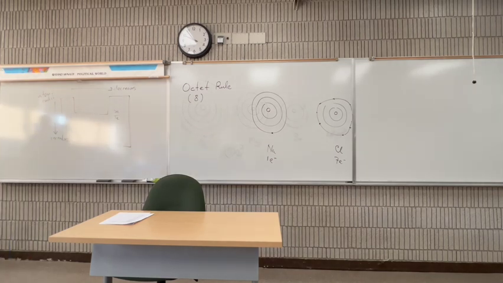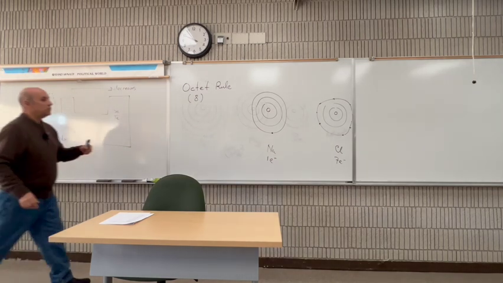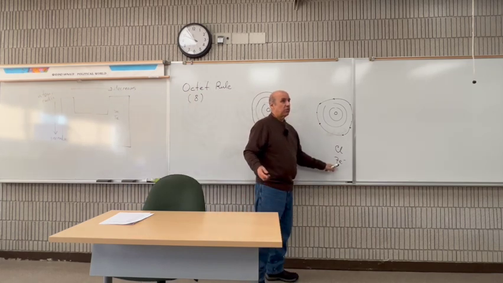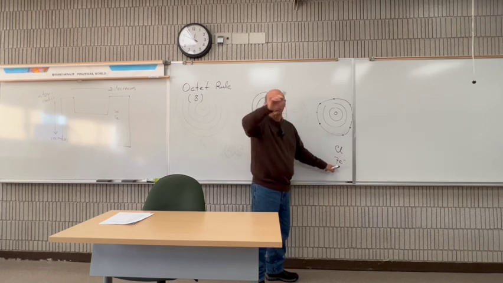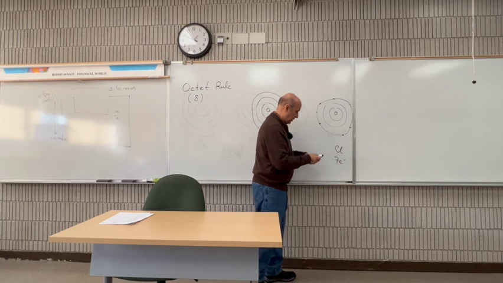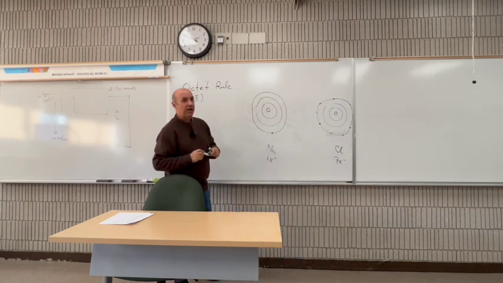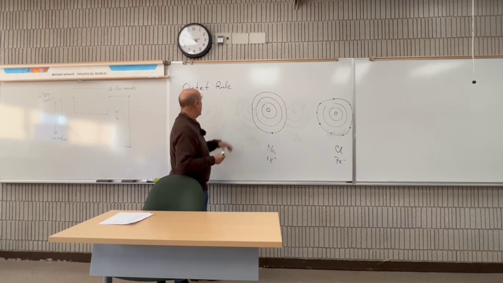Now, here's the problem. For chlorine, it looks easy. It has 7 electrons, right? So to complete 8, all chlorine has to do is find 1 electron somewhere. It doesn't matter where it comes from. Just picks up 1 electron. That 1 electron becomes a member of that valence shell of chlorine. And now chlorine has an octet.